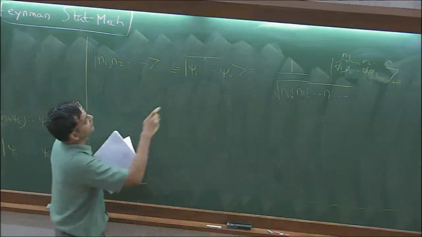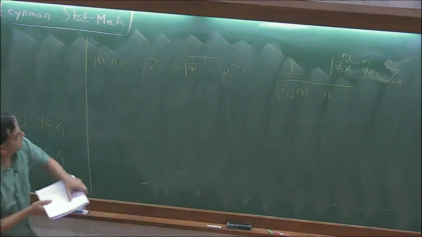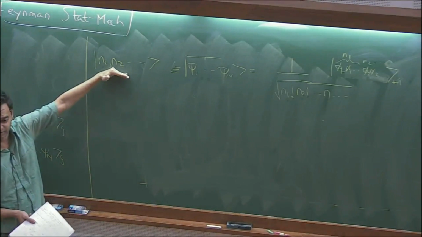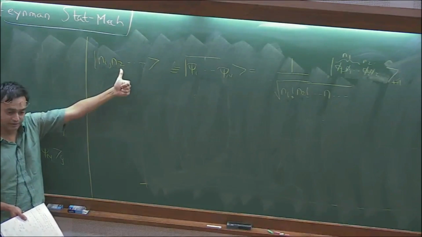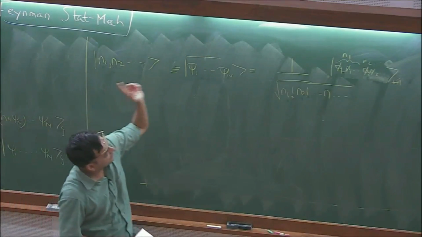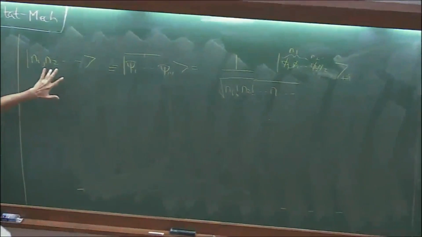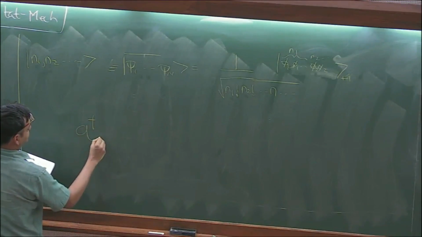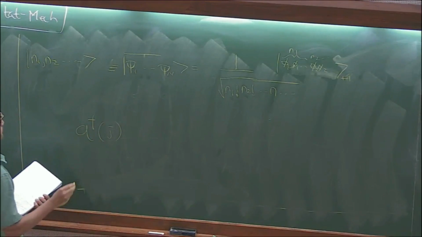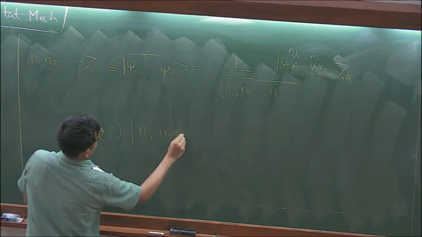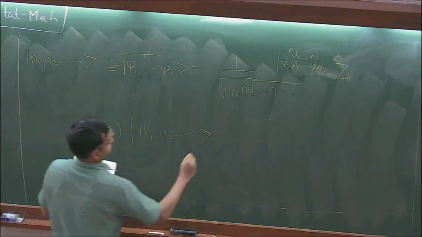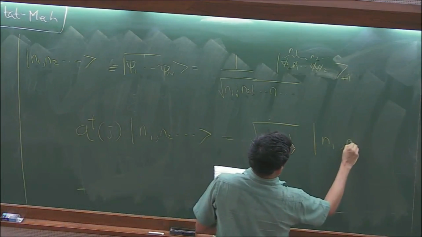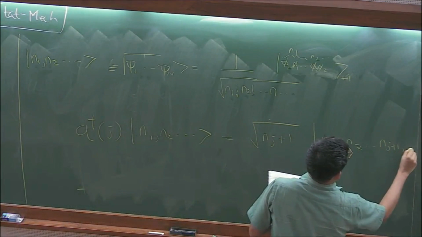It says that the first orbital appeared n1 times, the second orbital appeared n2 times. This is a more physical way of writing: how many bosons were in the first orbital, how many in the second. You can check that A dagger of any particular label j acting on |n1, n2, ...>, which is now normalized, is square root of nj plus 1 times |n1, n2, ..., nj plus 1, ...>.